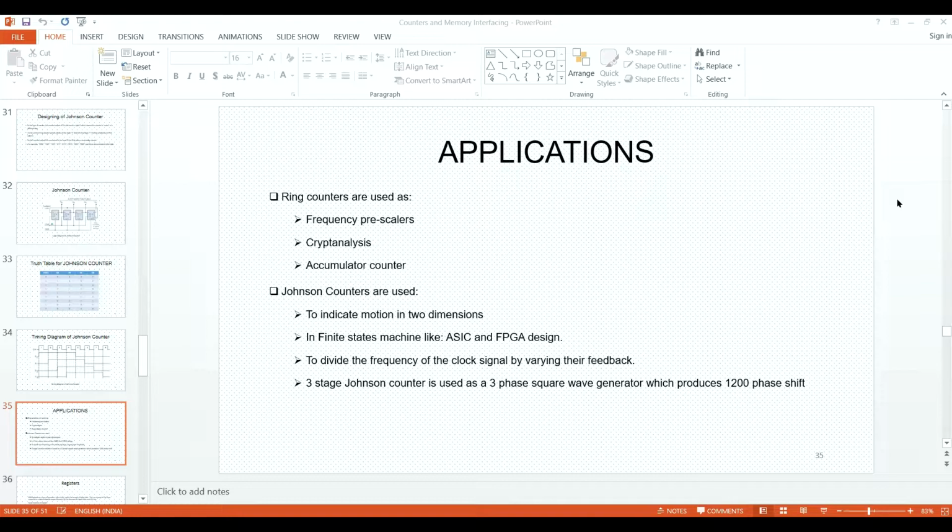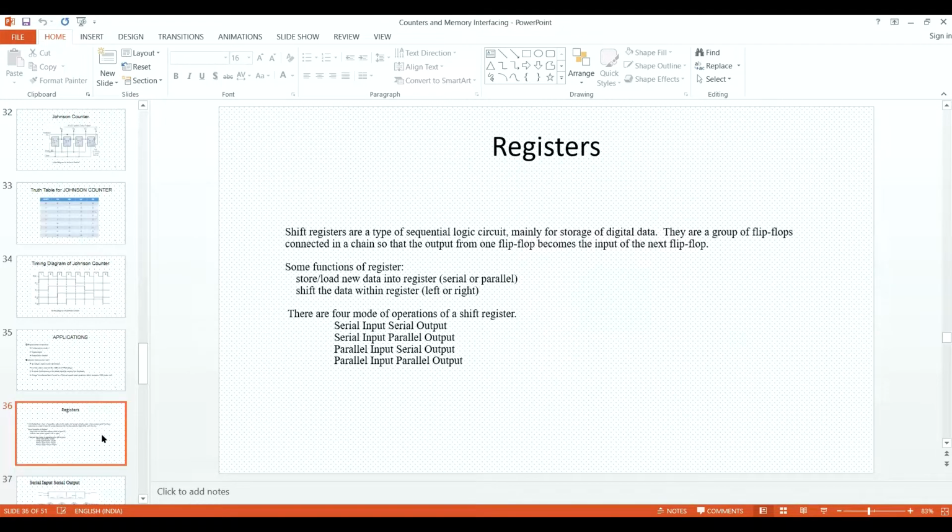Now we are going to start with another topic, that is shift registers. So when I say registers, I don't know what comes to your mind, but students, when I was studying engineering and passed out in the year 2004, when somebody talked about registers, I was thinking about what kind of register they were talking about, whether it's a physical resistor or a digital register. Nowadays, I entered this engineering field in the year 2000.